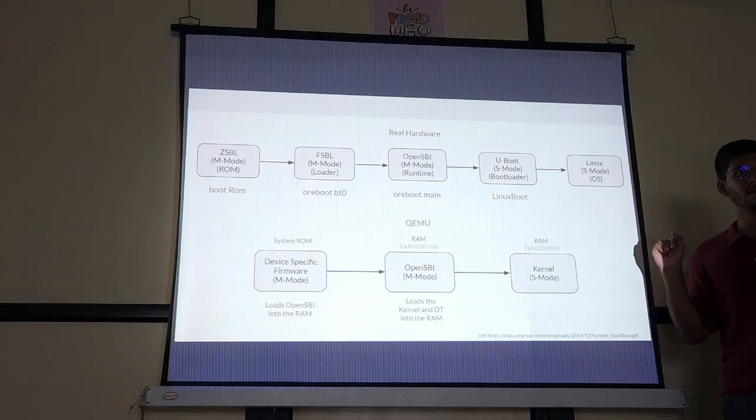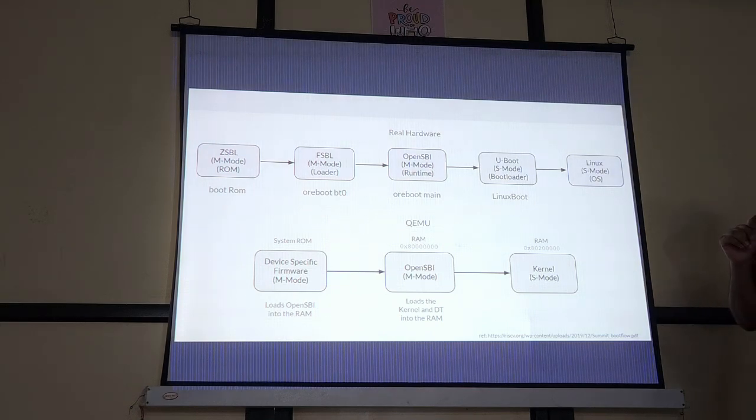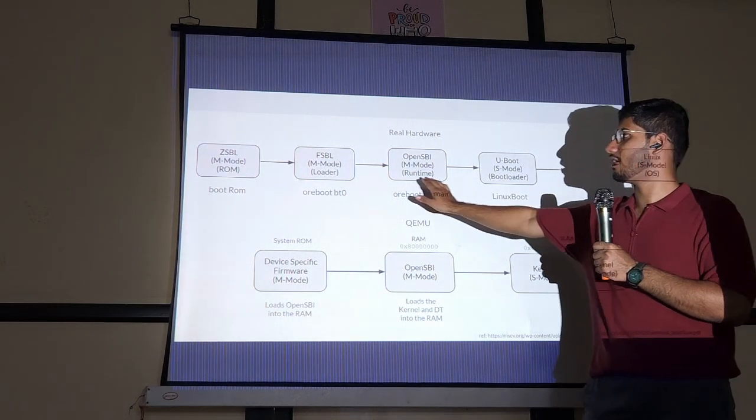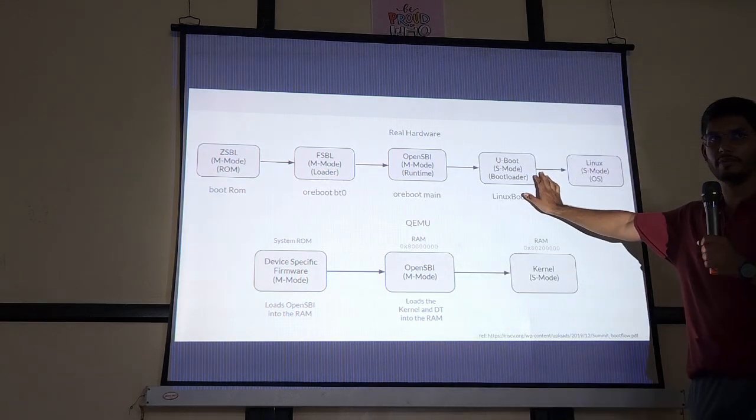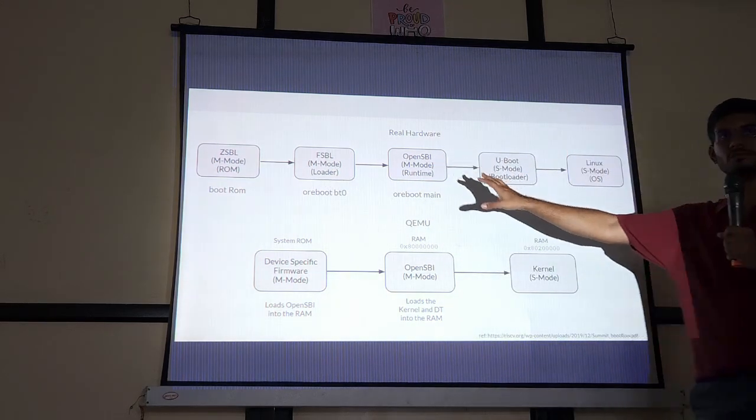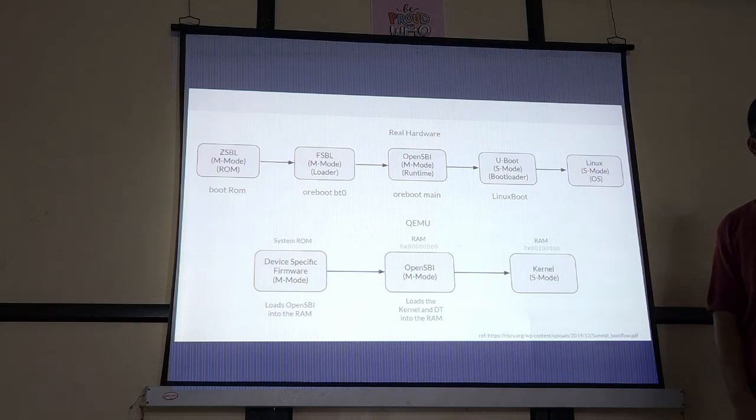No, this flowchart is for RISC-V based hardware, but a similar process is followed in the other architectures as well.